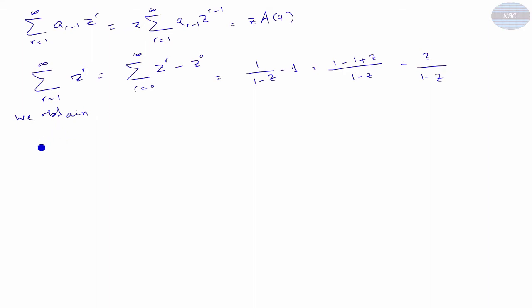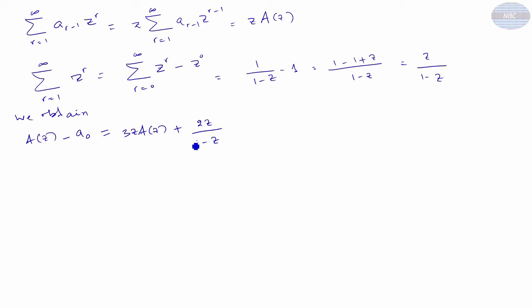In the equation 3 we'll replace whatever derivation we have calculated till now. So this is A(z) minus a0 equal to 3z A(z) plus 2z divided by 1 minus z.